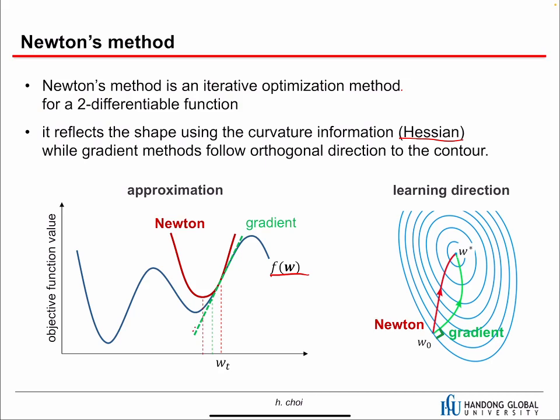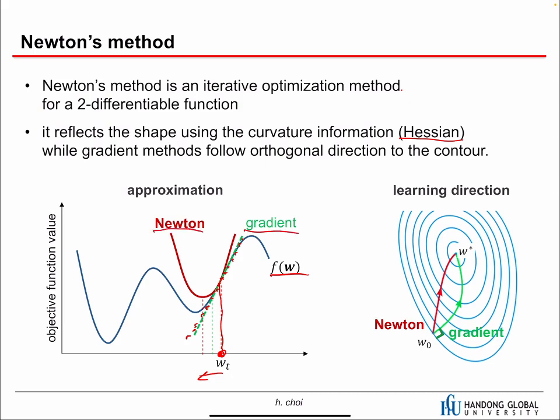When we are here, we approximate this function with this line, and based on this line, we know which direction to go. We know the left side is the right direction to minimize this function. That's how the gradient method works.